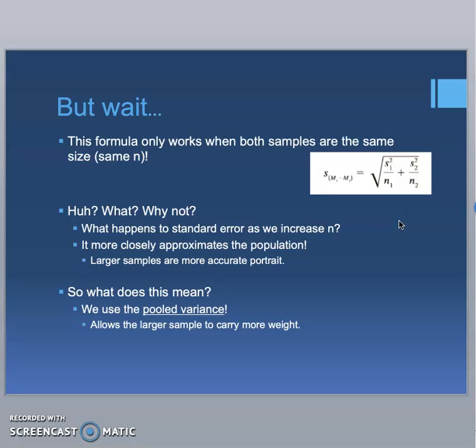As n goes up, standard error goes down, chance of rejecting the null goes up. So larger samples are more accurate, and so if we don't have the same sample size, we can't use that formula. Instead, we use pooled variance.